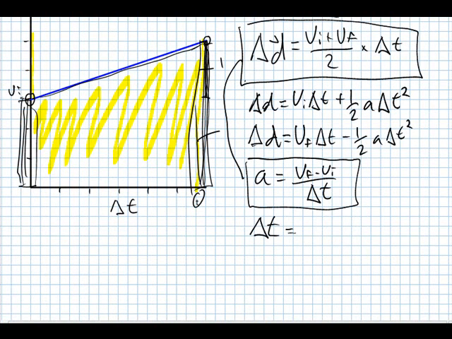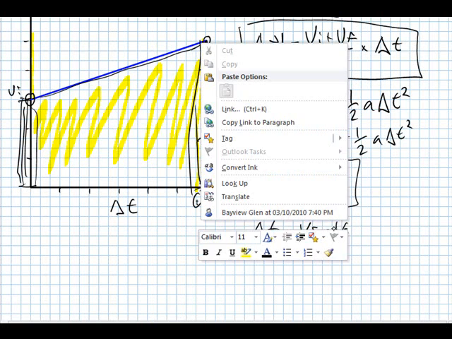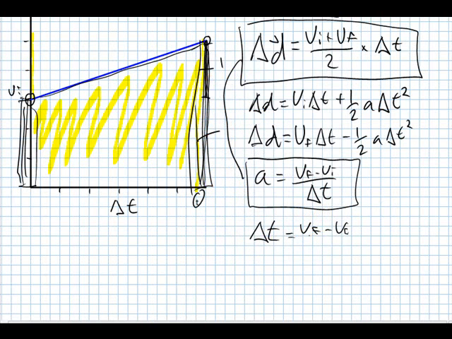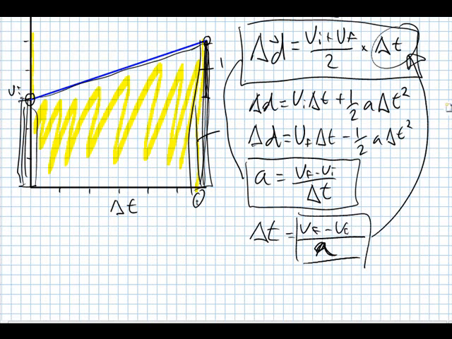Delta t is equal to vf minus vi over a. And now we're going to insert that value, replacing delta t.